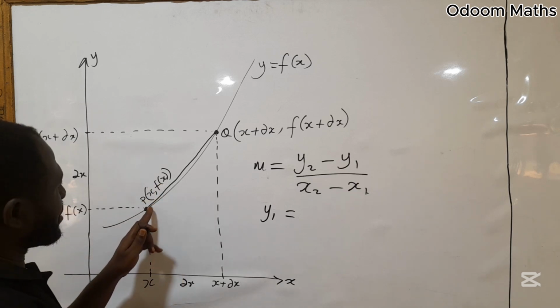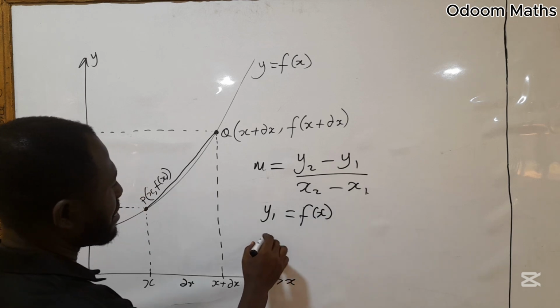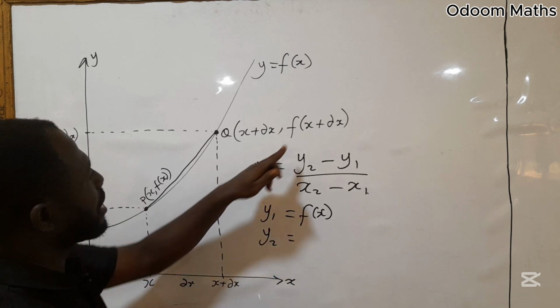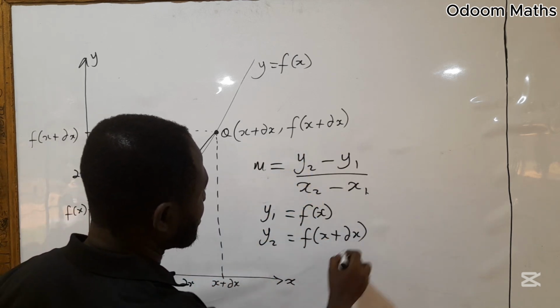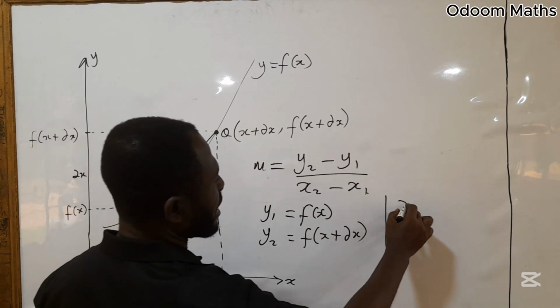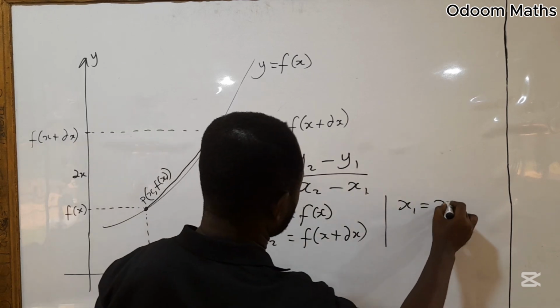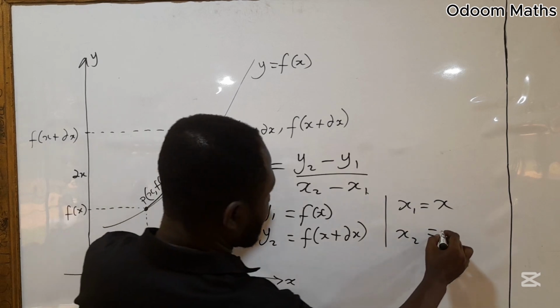So this is the first point. So y1 is f of x. And then my y2 is f of x plus del x. Okay, then my x1 is what? x. Then my x2 is x plus del x.